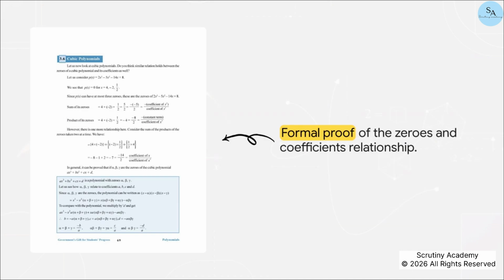And the actual formal derivation from our source text is the real proof in the pudding here. It confirms that the pattern we just noticed with our 5/2 fraction in that easy example wasn't just a lucky break. It is an undeniable mathematical law. By equating the fully expanded version with our general blueprint, it completely proves exactly how the coefficients a, b, c, and d are inextricably tied to those zeros.